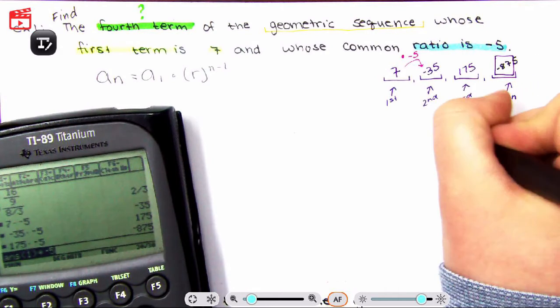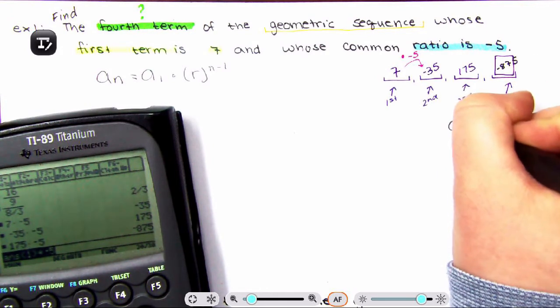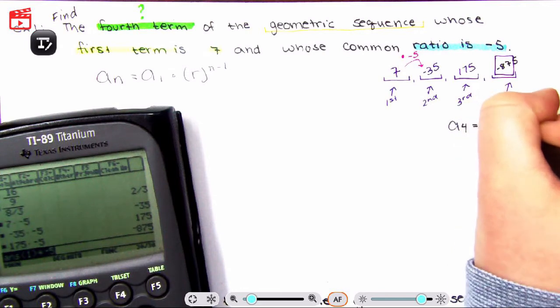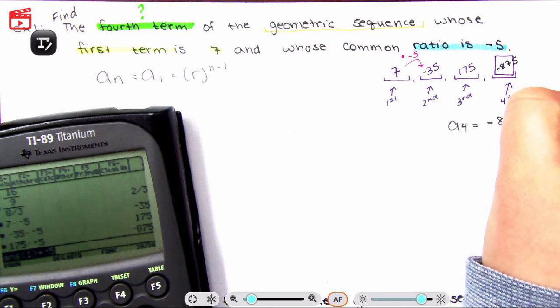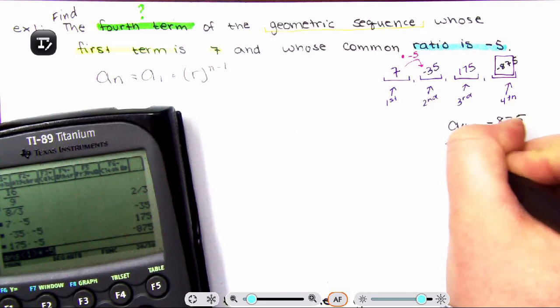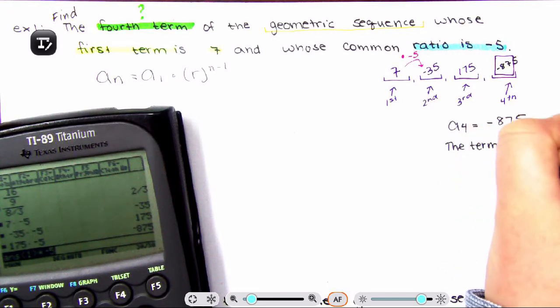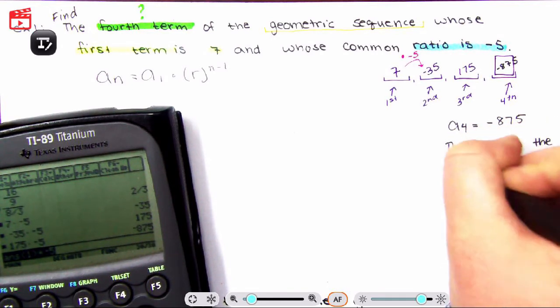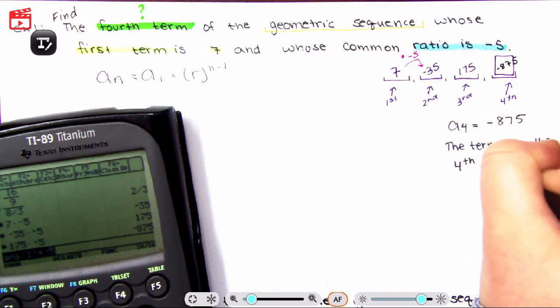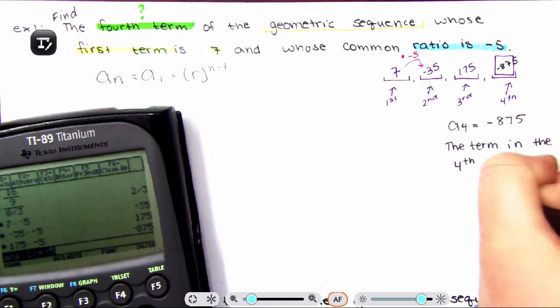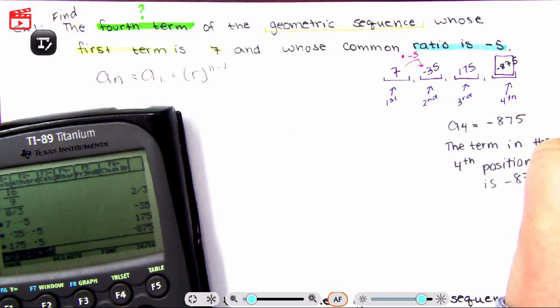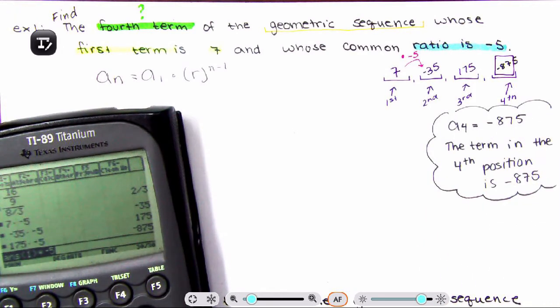So a sub 4 is equal to -875. So the term in the 4th position is negative 875.